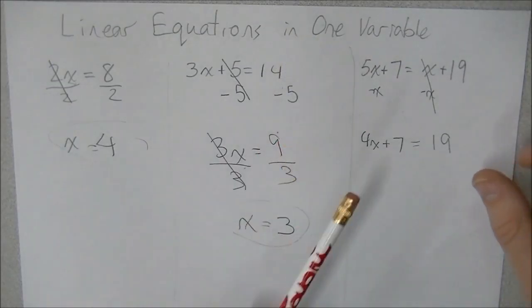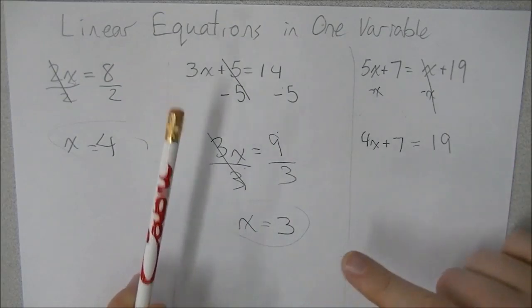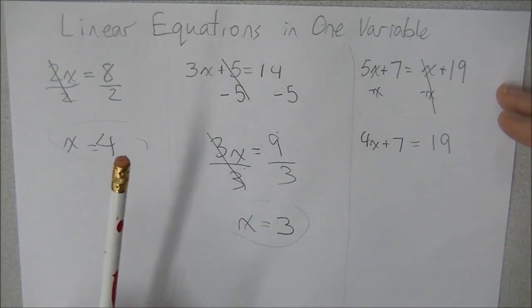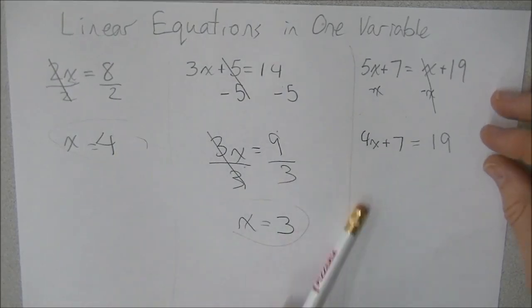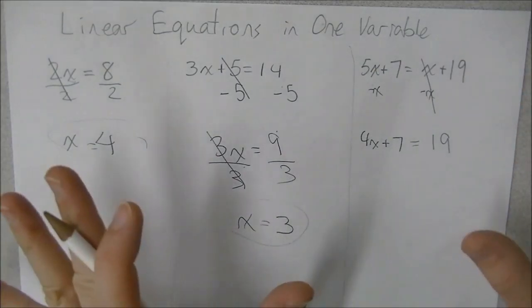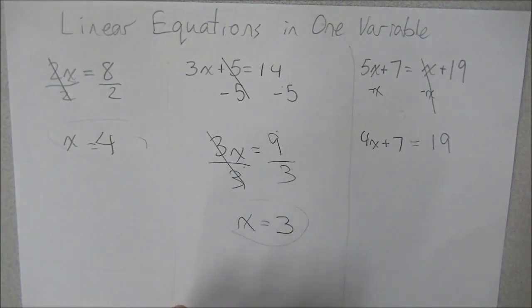Now I have a two-step problem like we had before, and it's the same. If you want, pause the video and see if you can get the answer, and then watch and see if you get the same answer. That would be a good practice. So here we go. Hopefully you just paused the video and you've got your answer. Let's see if I get it right according to you.